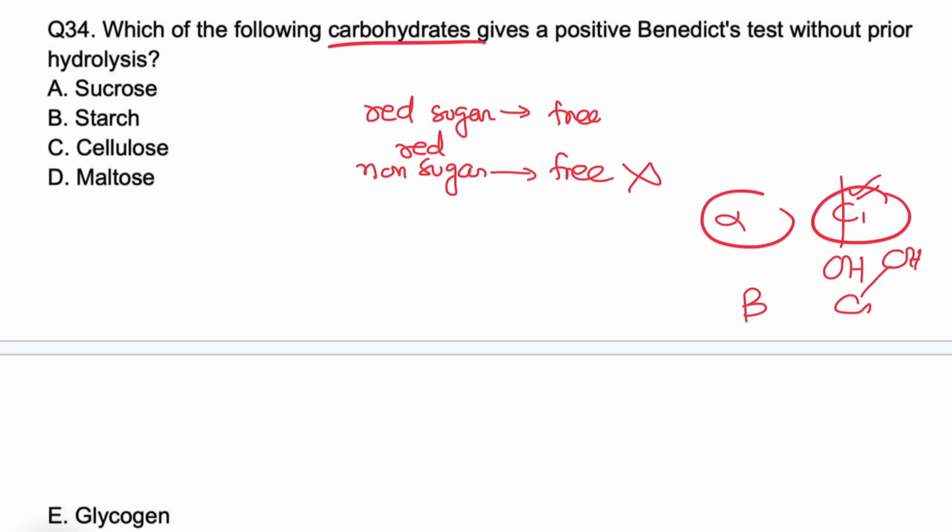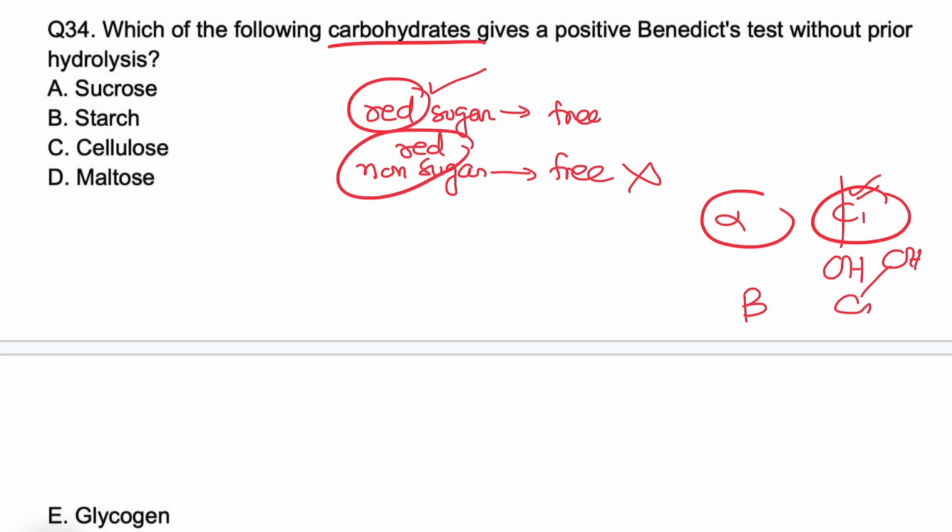In chemistry you might have heard the word reducing: reducing agents donate electrons, they reduce other compounds or molecules. The same applies to sugars. Reducing sugars have a free functional group and can donate electrons and reduce other molecules or compounds. Polysaccharides don't have a free anomeric carbon, so they are all going to be non-reducing sugars.